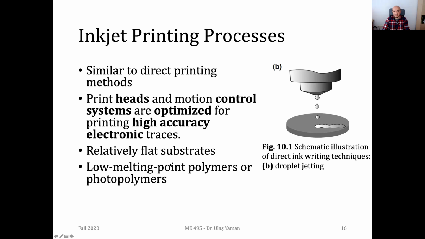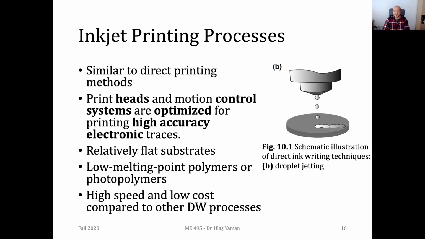And we can make use of low melting point polymers or some photopolymers, since they need to be in liquid state. And after they are deposited on the layer, we should somehow obtain solidification. It has high speed and low cost compared to the other direct write technologies.